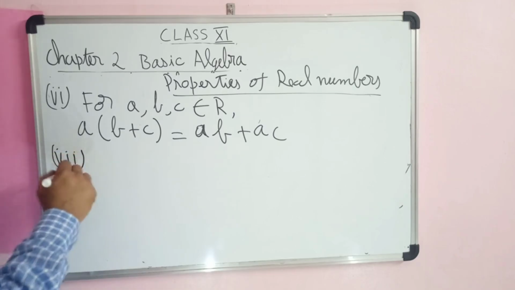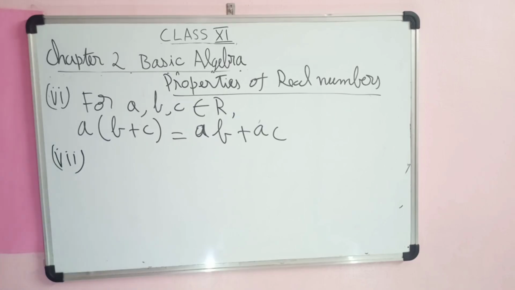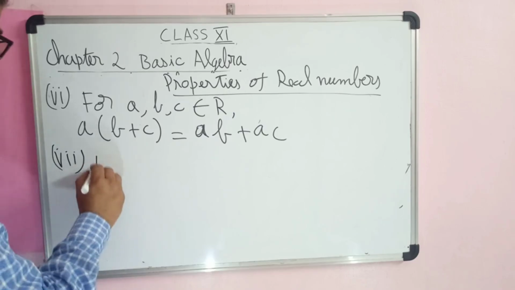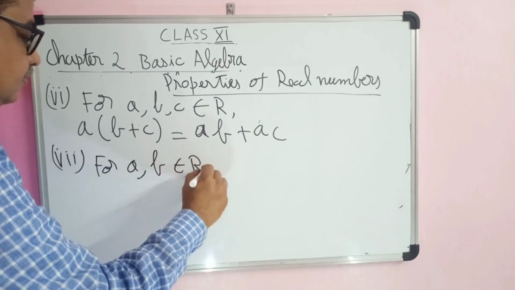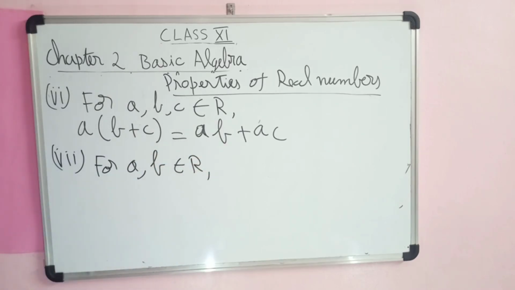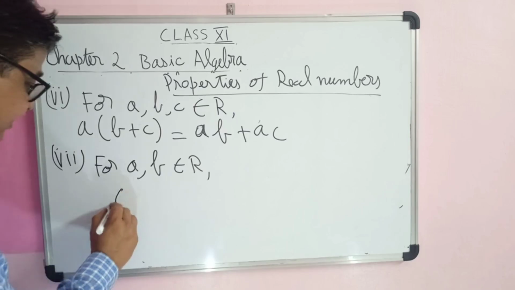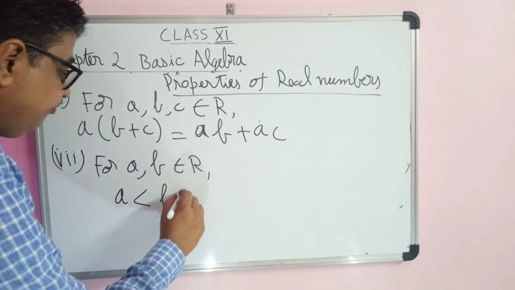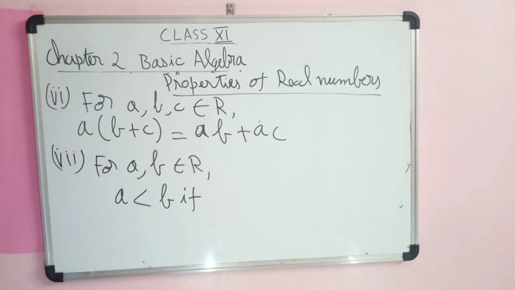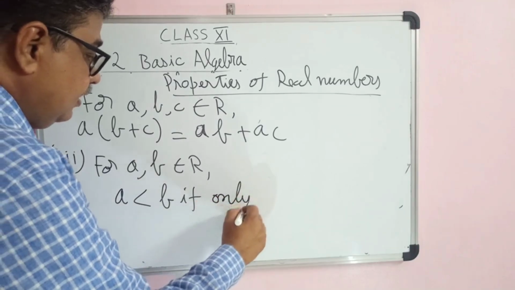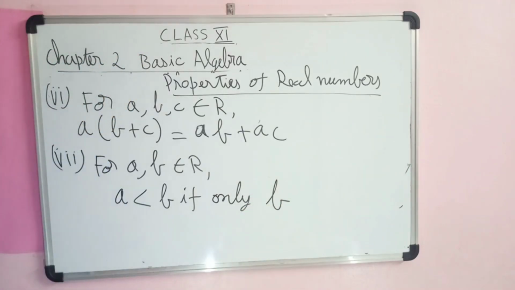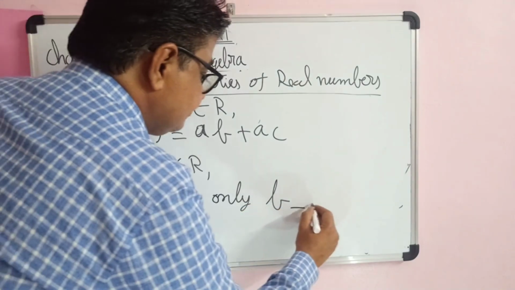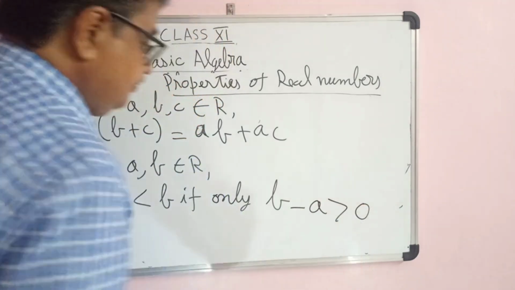Then property 7. For A, B belonging to R, A is less than B if and only if B minus A is greater than 0.